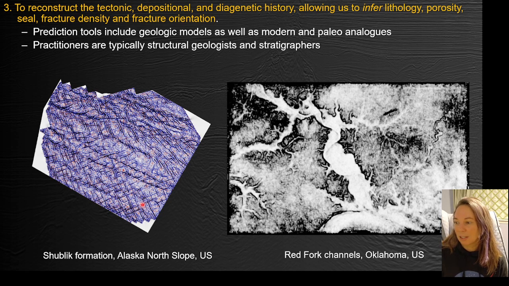This is an example from the Alaskan North Slope, where we're using curvature and coherence to pick out all of the fracture and fault patterns. And over here, we've got the Red Fork channel system in central Oklahoma, where we've used some phantom slices on a multispectral coherence volume to show up this feature, which is really difficult to pick out in seismic data.